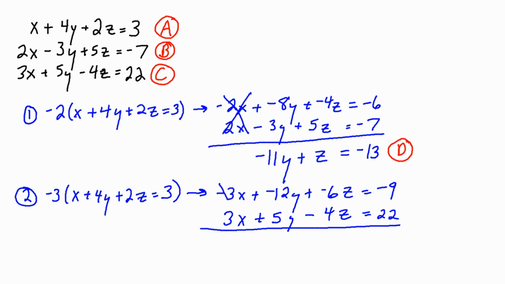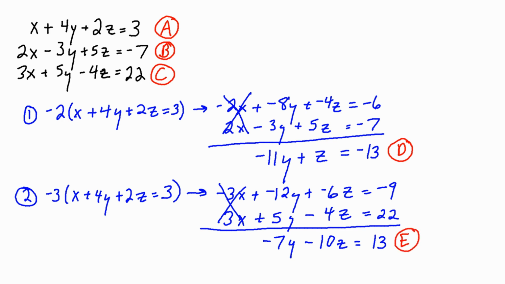When I add that together, the x's cancel. -12y plus 5y is -7y. -6z minus 4z is -10z equals -9 plus 22, which is 13. And we'll call this one equation E.